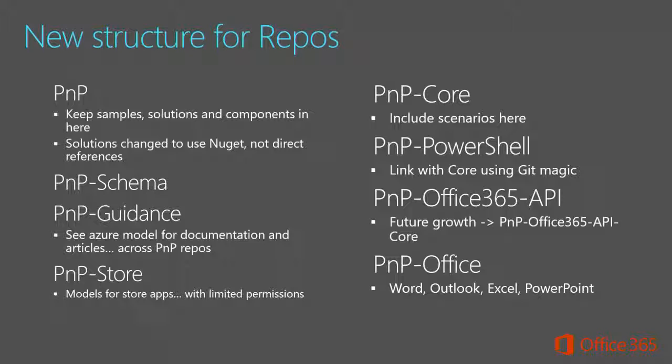Okay. And then there's PNP Office, which will be our Office client repo. So Word, Excel, PowerPoint, task pane apps, content pane apps, those types of scenarios will be covered there. We're working on this now, and just as of two or three weeks ago, when the 2016 client dropped, we announced the 2.0 version of the Office client APIs.